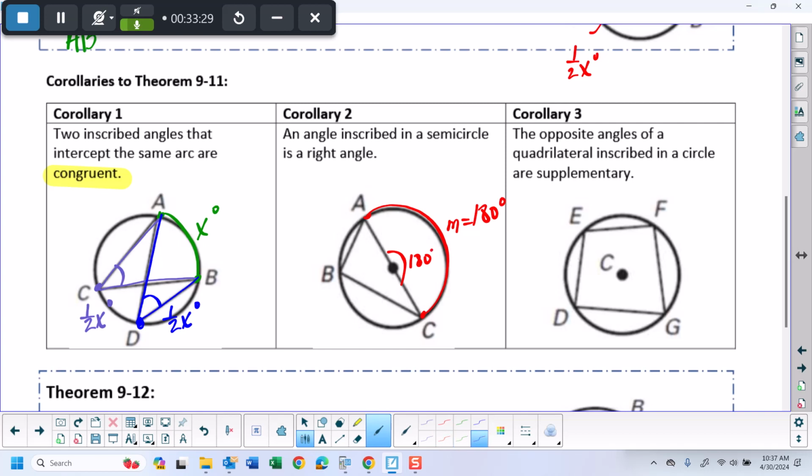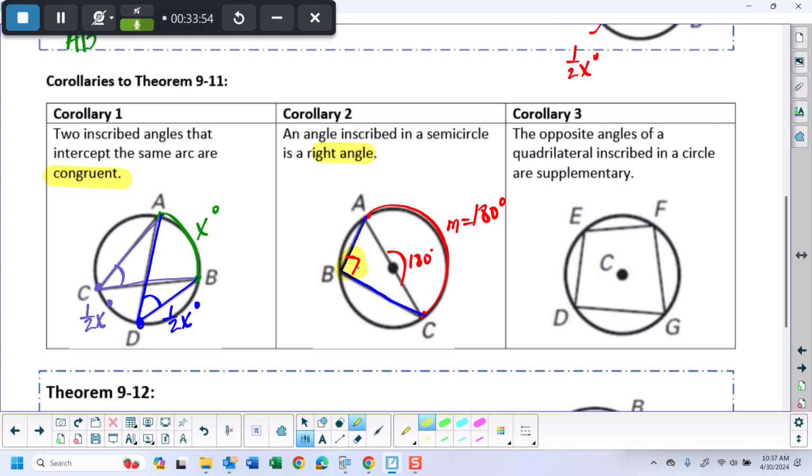So what do you think the measure of my inscribed angle is going to be? 1/2 of that. So if an angle is inscribed in a semicircle, it is a right angle. All of those angles in the movie theater were inscribed in a semicircle. They were all 90 degrees.